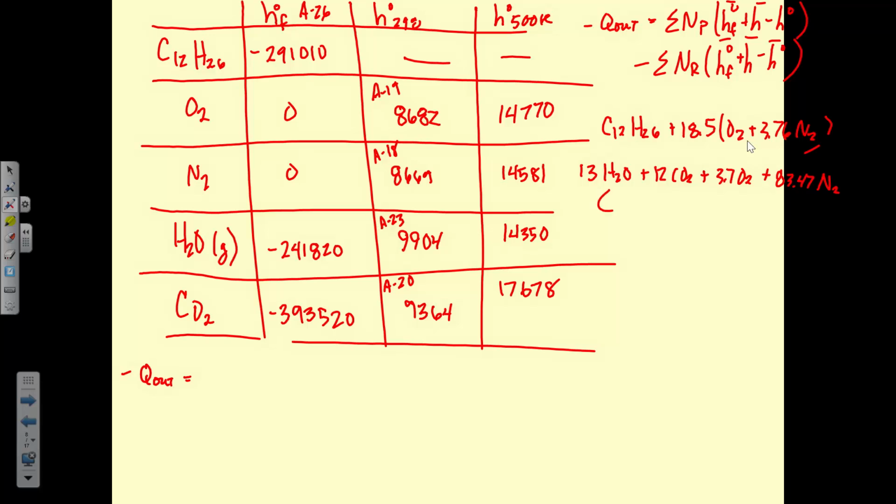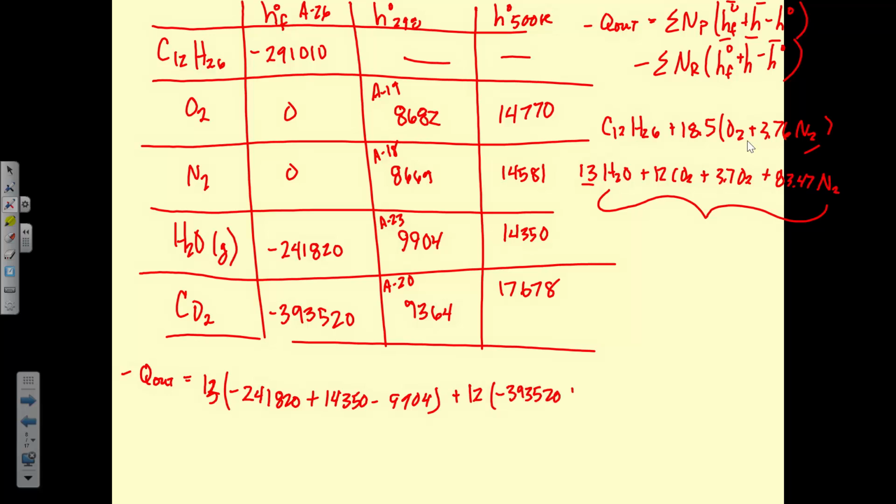Okay, so we look first at products. So we say 13, which is the number of moles of H2O, multiplied by our enthalpy of formation, negative 241,820, plus 14350 minus 9904. Then we look at CO2, so it's plus 12 times negative 393,520 plus 17678 minus 9364.